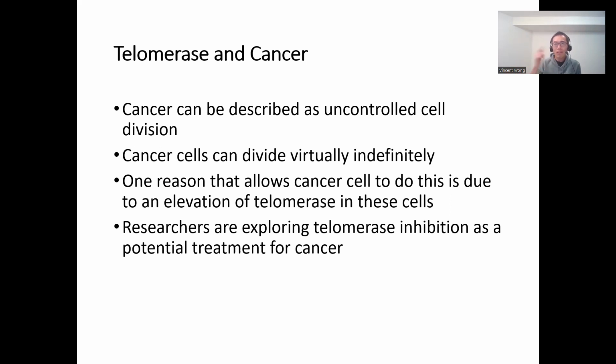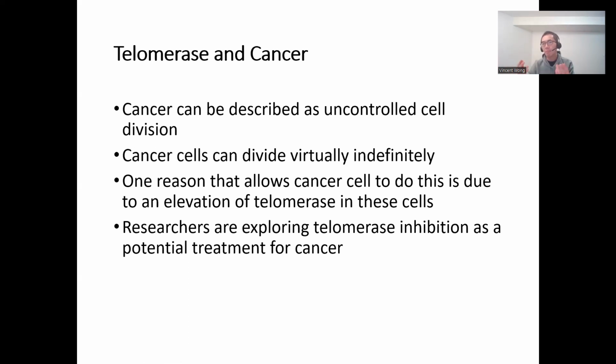One of the things that limits division is the shortening. After a cell divides 30 to 40 times, the telomeres will be critically short and it's not allowed to divide anymore. But if you turn on telomerase, the cell can keep on dividing and dividing and dividing. And that could cause a tumor to form.